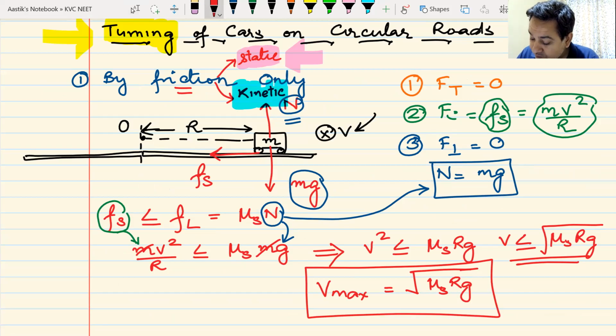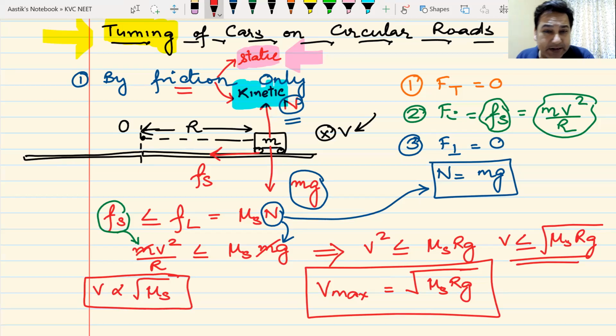V is directly proportional to the root of mu s. That means if mu s is more, I can move with a higher velocity. And that is why when it is raining, the roads are slippery. It is advisable that you move slow because the value of mu s will have fallen down and there is more risk of your vehicle slipping.